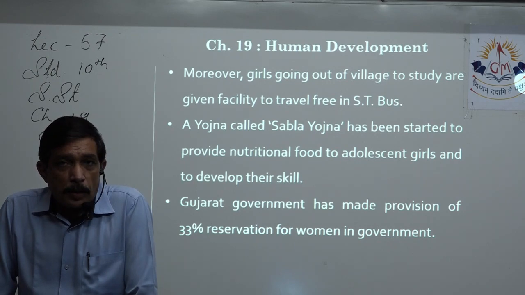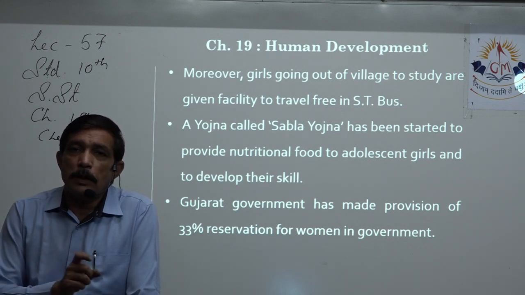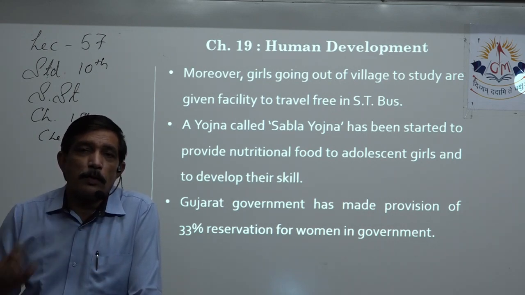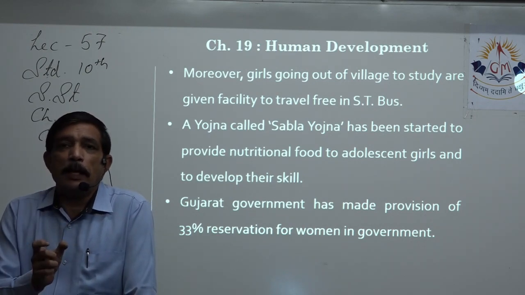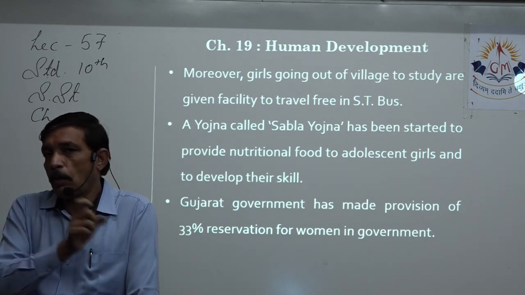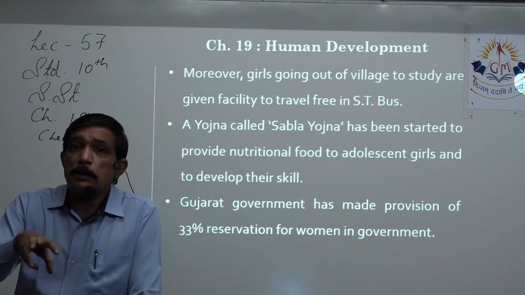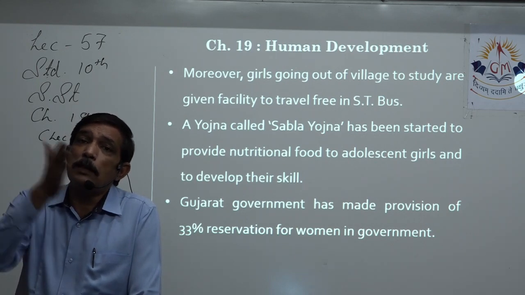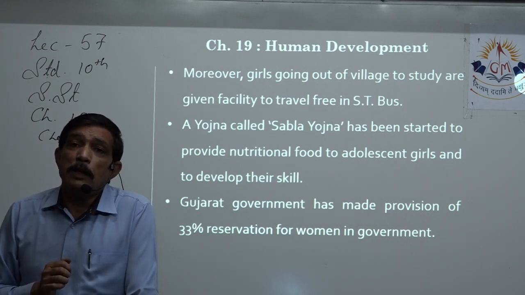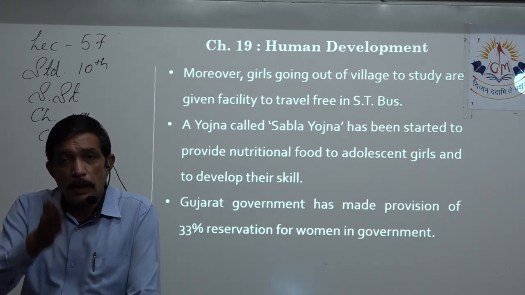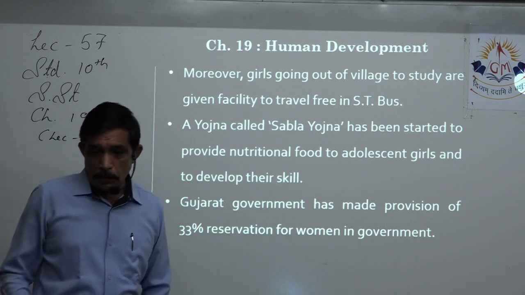In jobs, etc., 33%, or according to the reservations that are kept, say, caste-wise. So SC, ST, handicapped, in the same way women are also a category, and an equal amount of reservation is given, so that those seats are forcefully kept vacant so that only girl candidates can be taken there, and girls or women get a job and can be economically independent. So 33% reservation for women is given in the government.